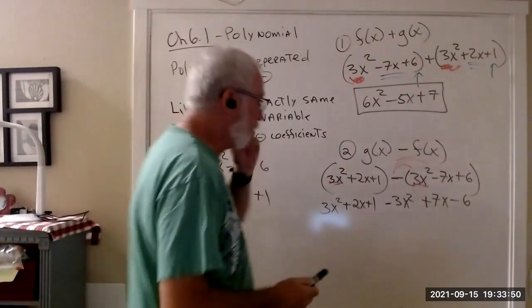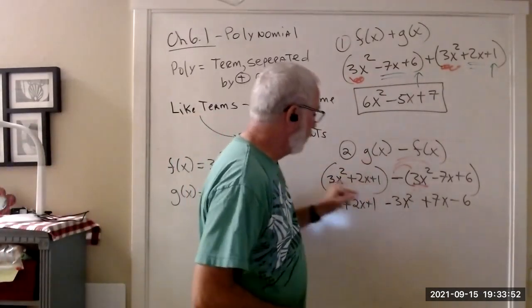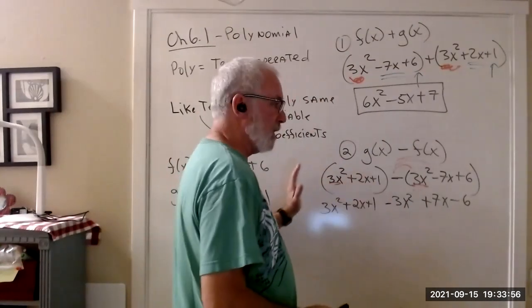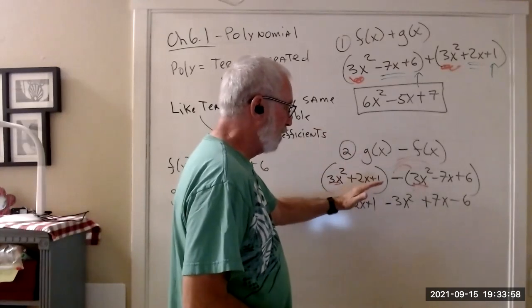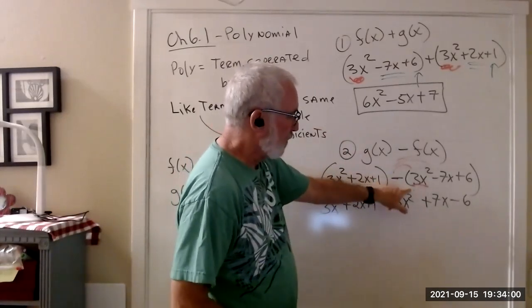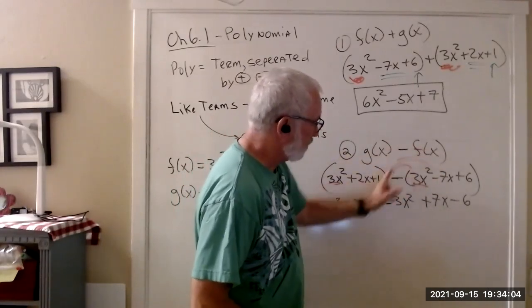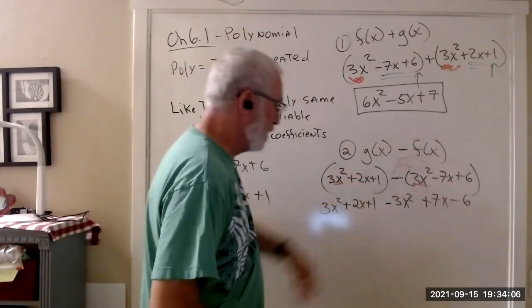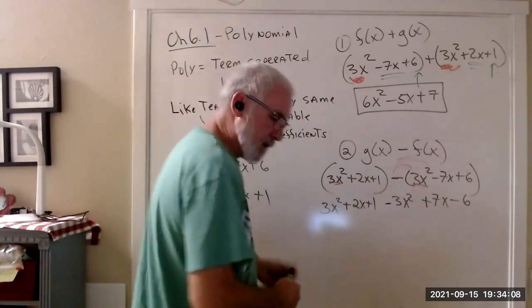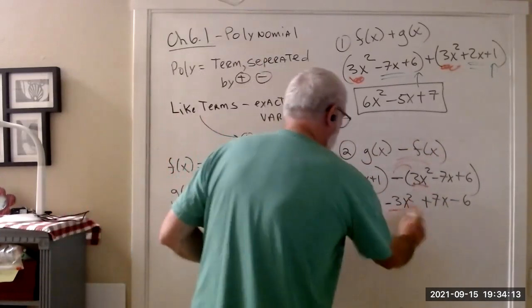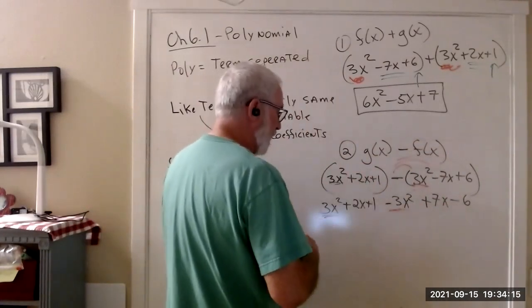So the first thing we had to do was decide that there was no good reason for these parentheses because nobody is distributing into it. But there is a need for these parentheses because the minus is distributing. So we have to distribute the minus sign to get rid of the parentheses. When we combine like terms, the 3x squared and the minus 3x squared go away.